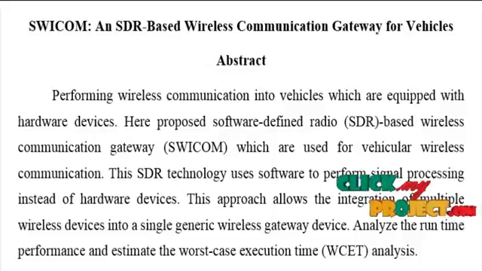It is a radio communication system where components that have typically been implemented in hardware are instead implemented by means of software on a personal computer or embedded system. A basic SDR system may consist of a personal computer equipped with a sound card or other analog to digital converter, preceded by some form of RF front end.